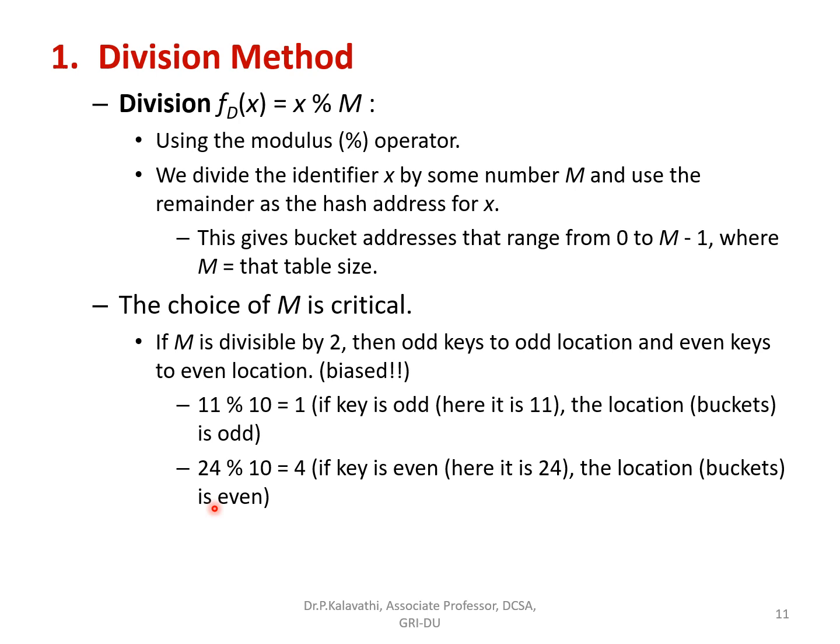Similarly, when you take an even number, key 24, when we perform modulus 10 for the number 24, the remainder is 4, the location is 4, and it is also an even number. So, when the key is even, the location is also even, which gives a bias. Therefore, the choice of m is critical in this division method.